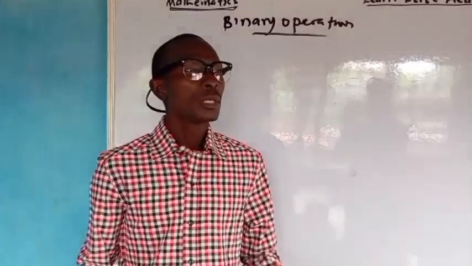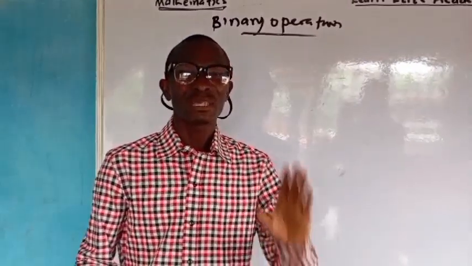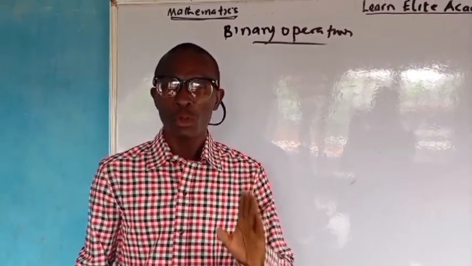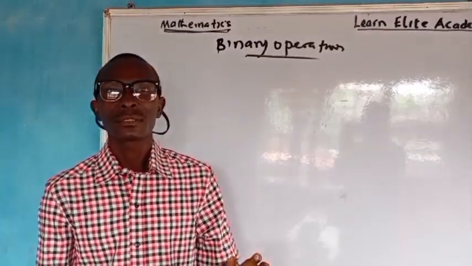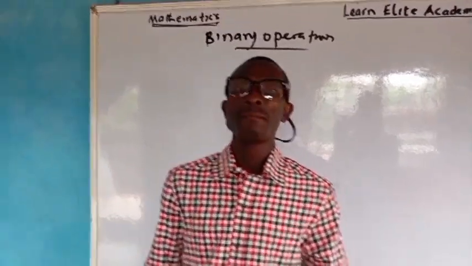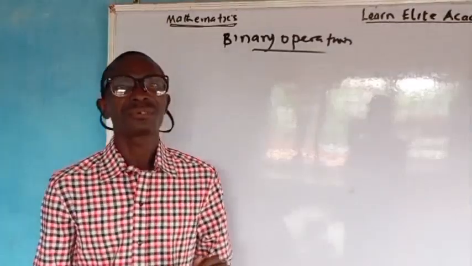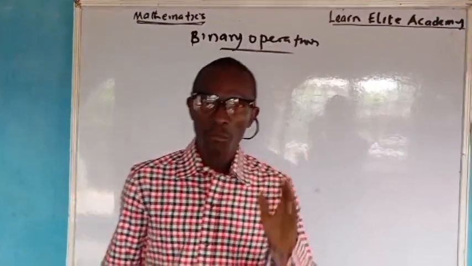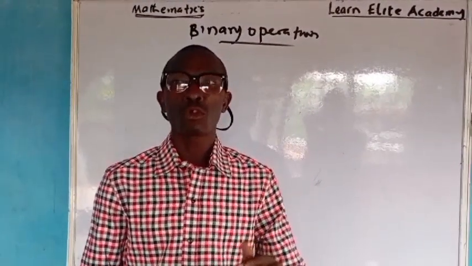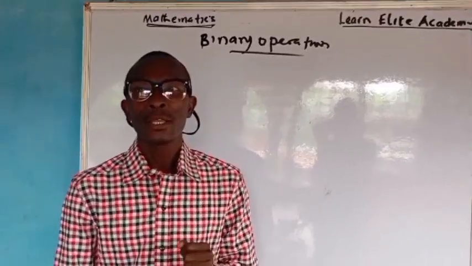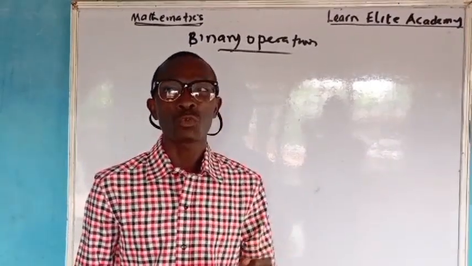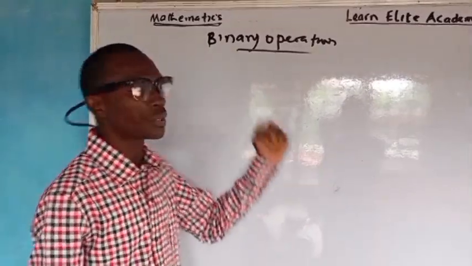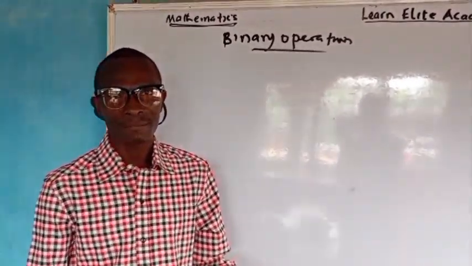Before now, we already know that mathematics is made up of four major operations: addition, subtraction, multiplication, and division. These are the four major operations that make up mathematics. So here, in this realm of mathematics, we want to use it as binary operation. What is binary operation?